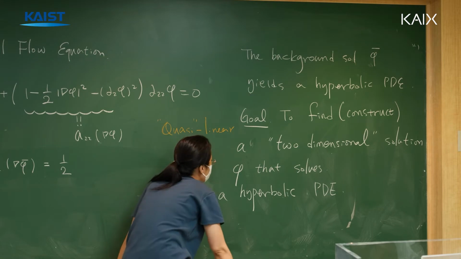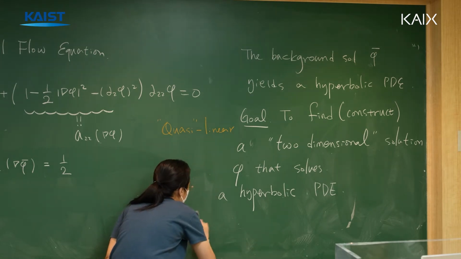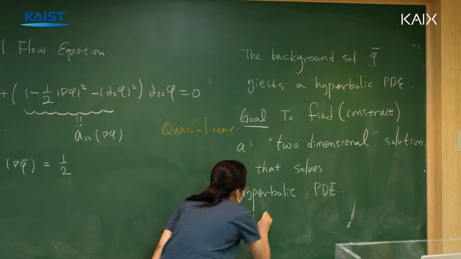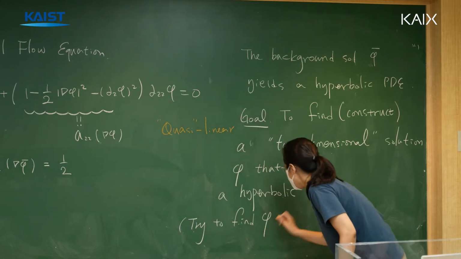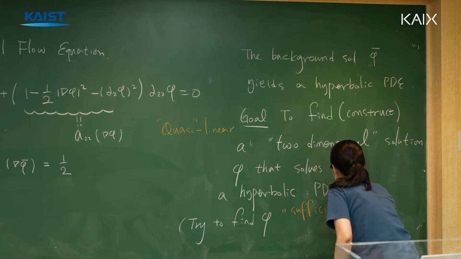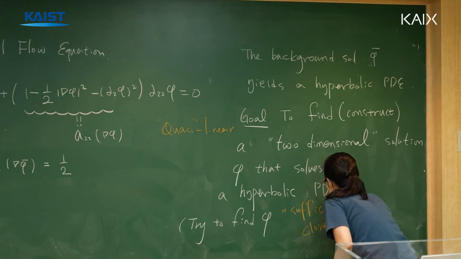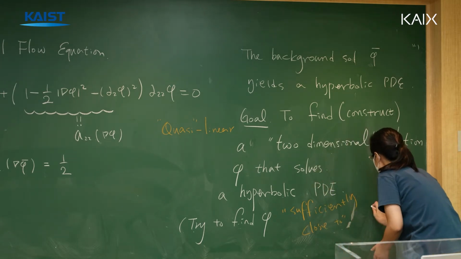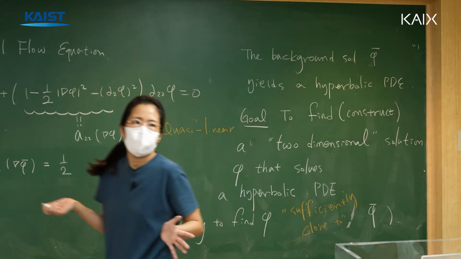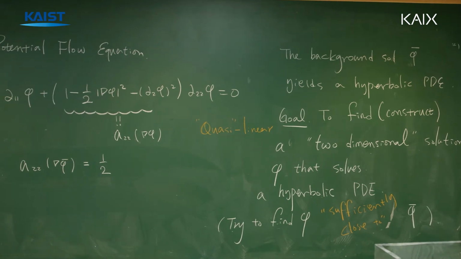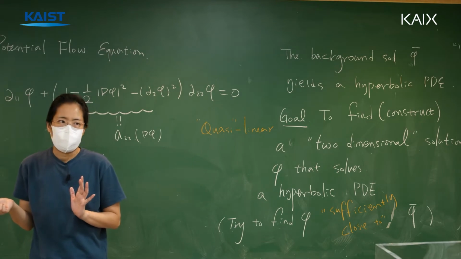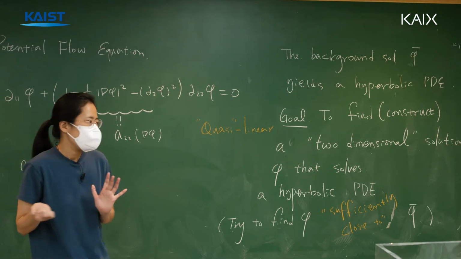And then we try to find such a phi, sufficiently close to our background solution phi bar. This is the difficult part, and this is where the whole story begins. Any questions so far? All right.